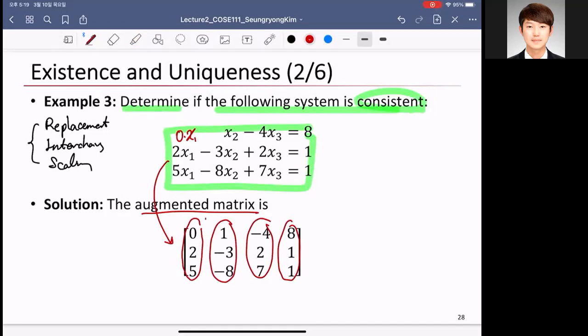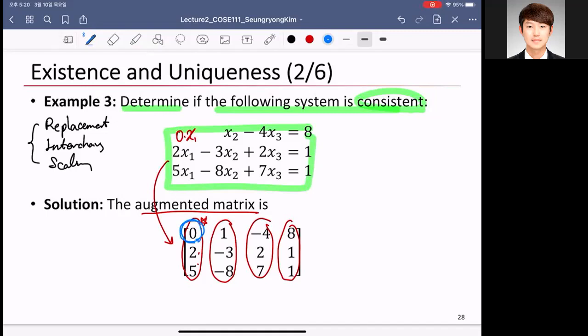When you see column 1, there are 2 values, so we want to eliminate one of them. But before that, we would like to make this one a value 1, because this kind of strategy has many benefits. I will let you know soon. Anyway, I would like to make this term a 1.